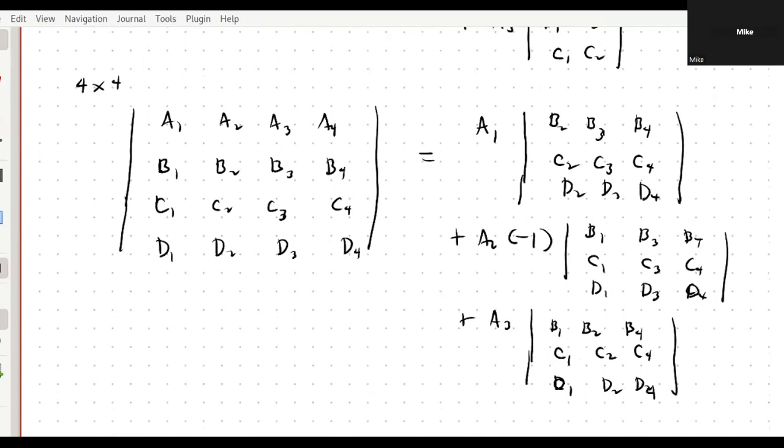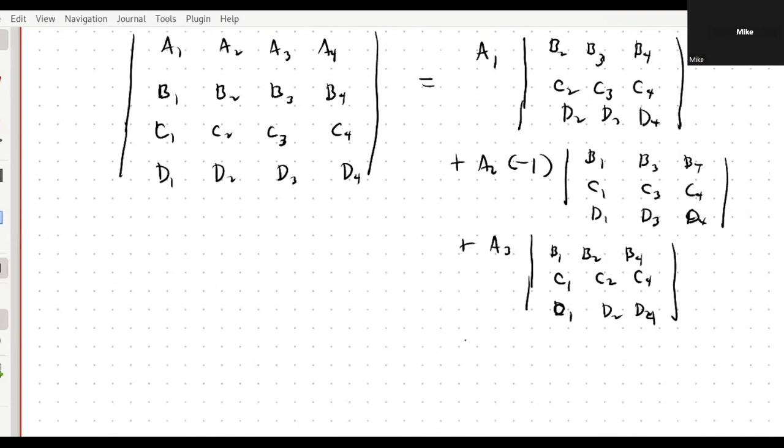And then, yung last term ay plus A4, negative 1, tapos ang minor ay B1, B2, B3, C1, C2, C3, D1, D2, D3.